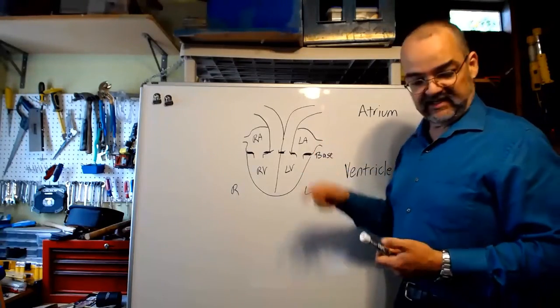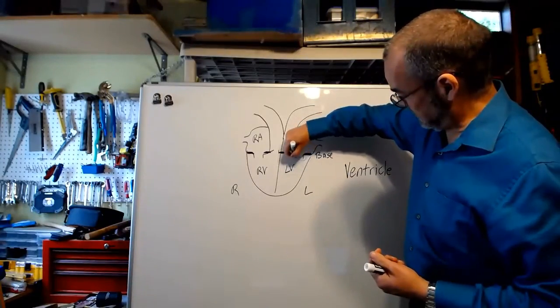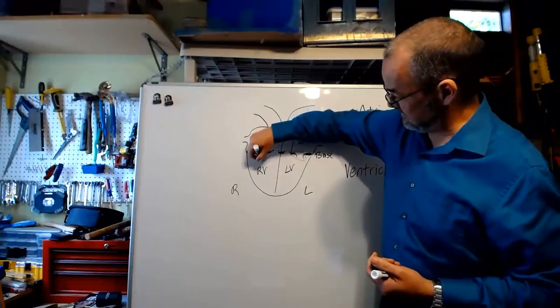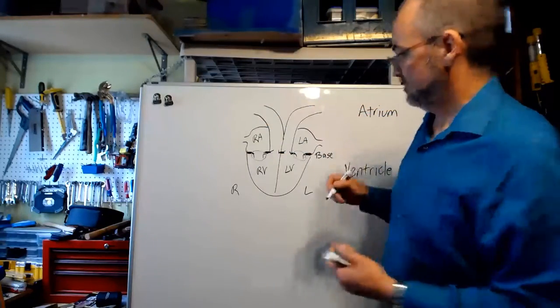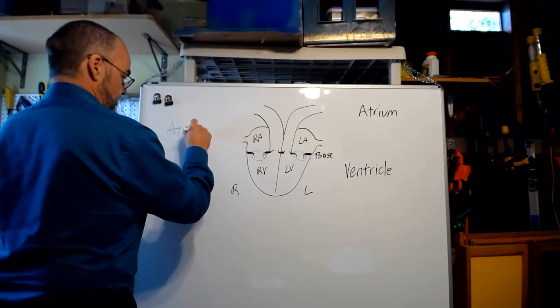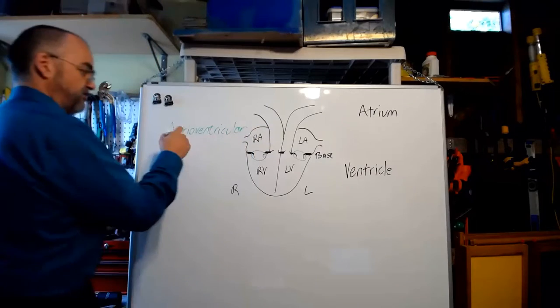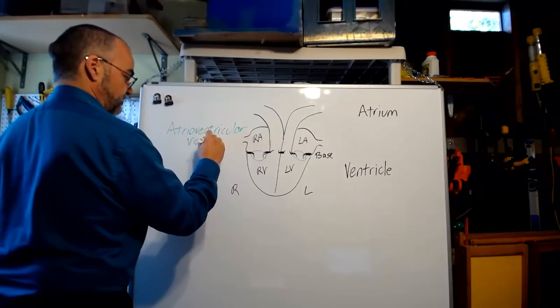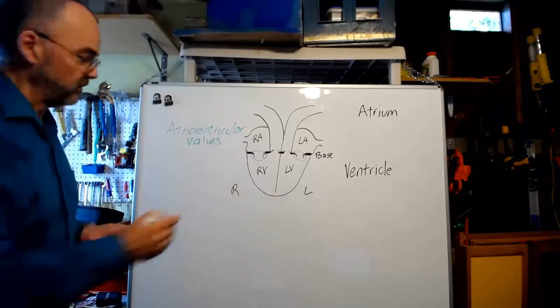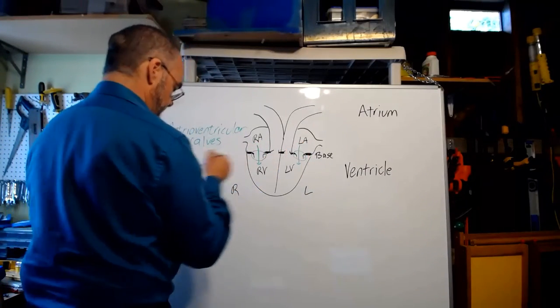Between the atria and the ventricles, I'll circle them here in green, we have sets of what we call atrioventricular valves. Those are one-way valves that allow the flow of blood from the atria to the ventricles.